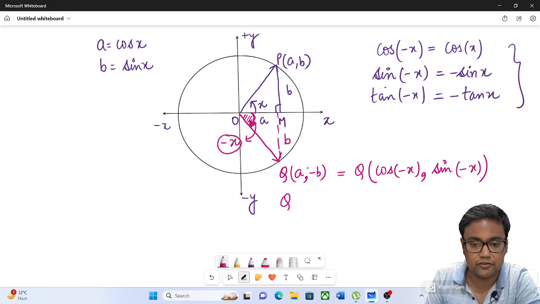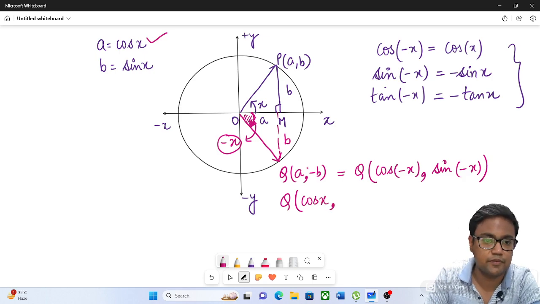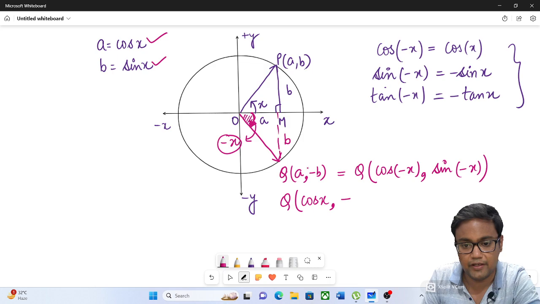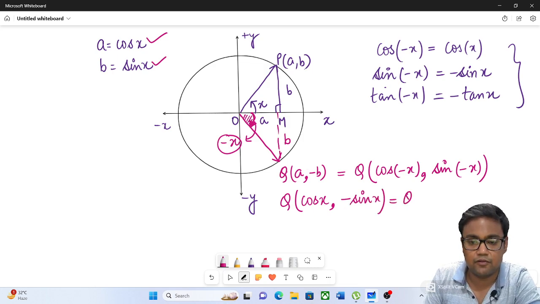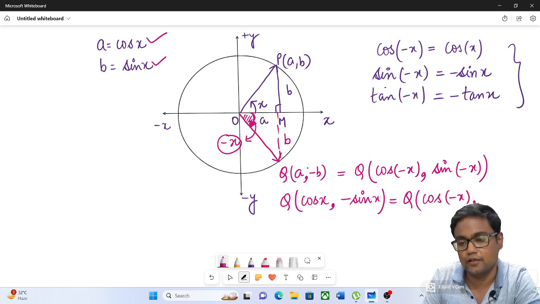Now, actually children, see what A was, check it out from here. A is cos x, and what is B? B is sin x. So, minus sin x. Q is equal to cos of minus x comma sin of minus x.